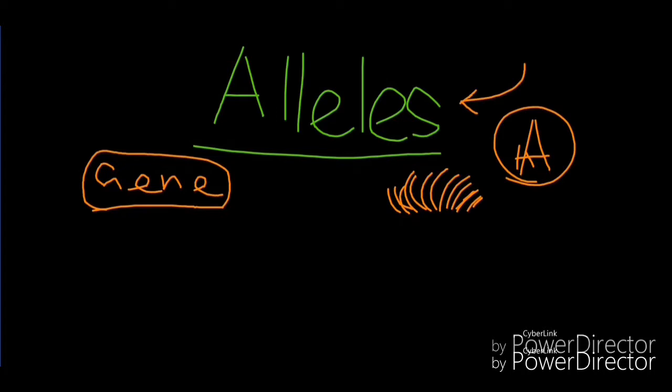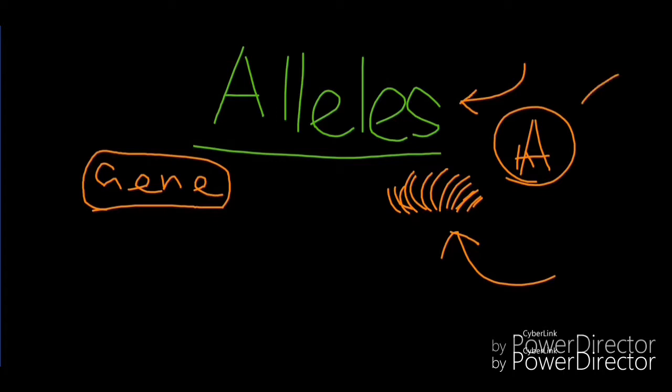In that case, the gene which is controlling your hair should have some specific forms, because it should have different forms, and one of those forms is present in your body.